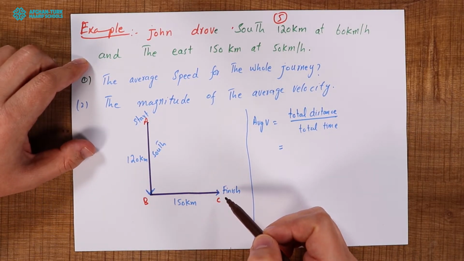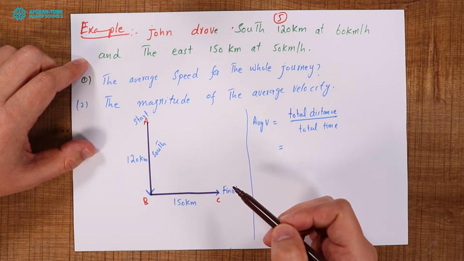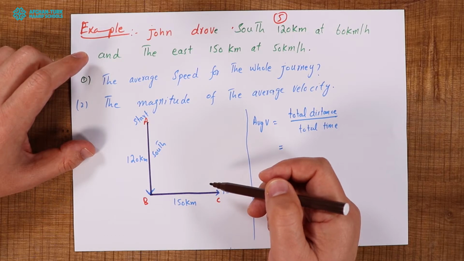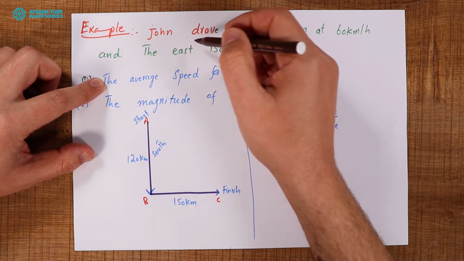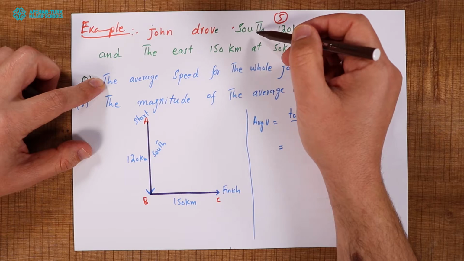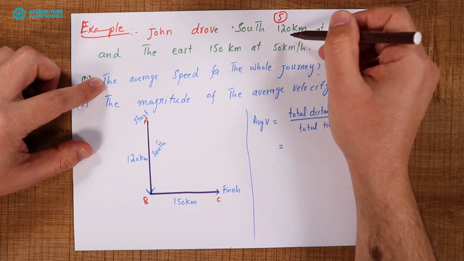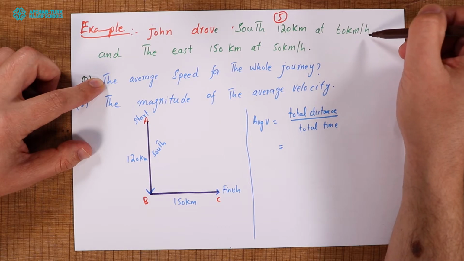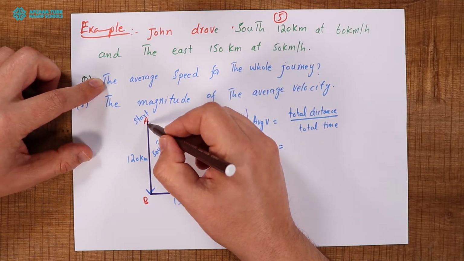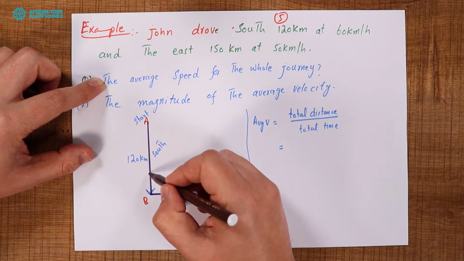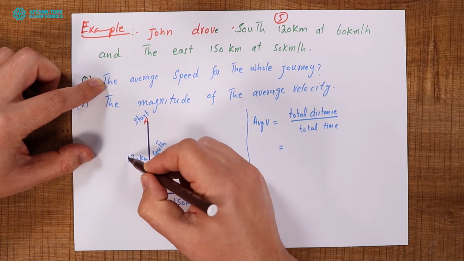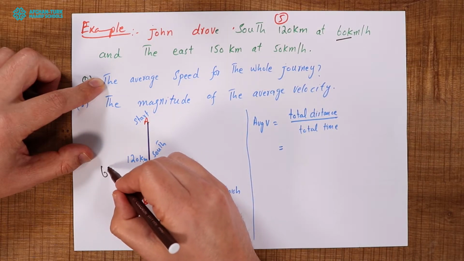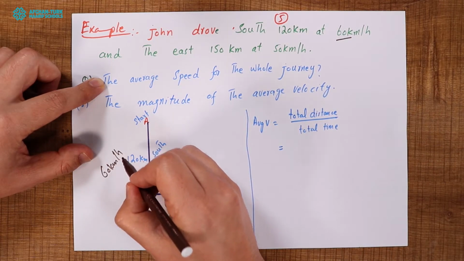So let's see, this is the third situation where we can find the average speed and average velocity. John is a person who drives 120 kilometers south at 60 kilometers per hour.